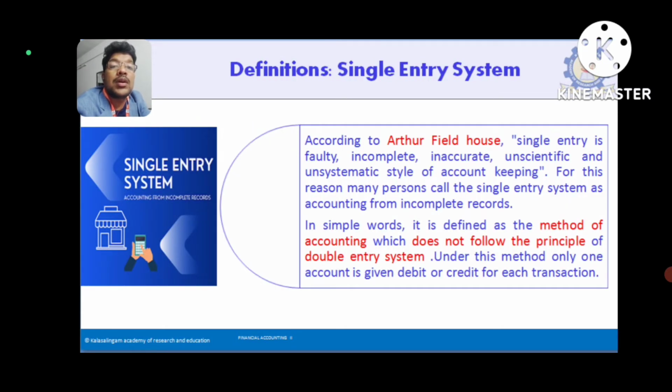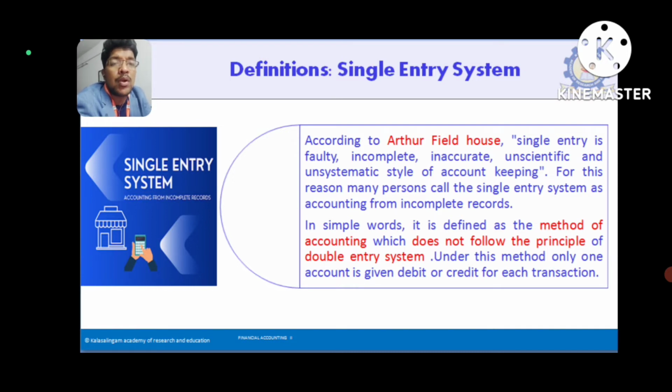Different management thinkers have given different opinions regarding the single entry system. According to Arthur Field House, single entry is a faulty, incomplete, inaccurate, unscientific and unsystematic style of account keeping. For this reason, many persons call the single entry system accounting from incomplete records.